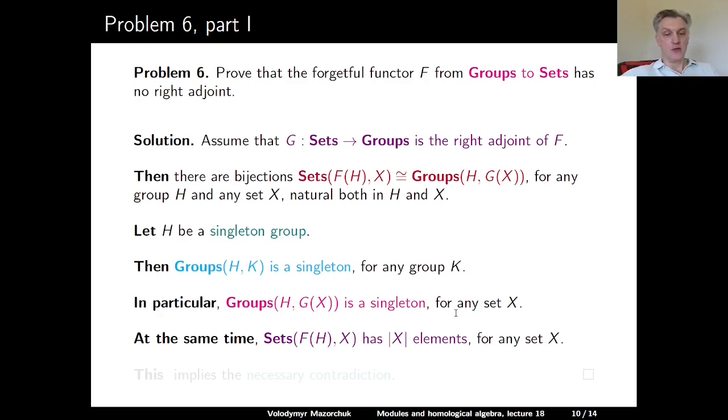And now the set of all maps from a singleton set to a set X has the cardinality of X elements. And this gives us our contradiction, because in our isomorphisms, the set on the left has cardinality of X elements, and the set on the right has one element. So this is not possible, which gives us our necessary contradiction and completes the proof.